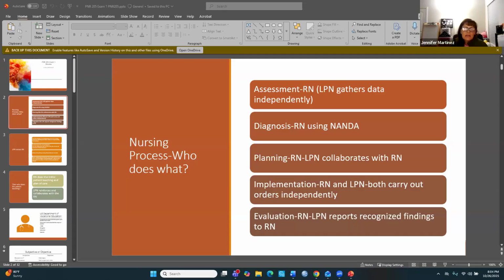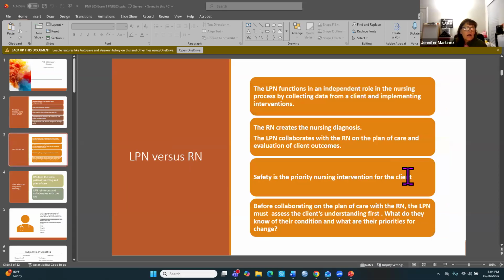And then planning, the RN does the planning process, the LPN will collaborate with the RN to develop the goals. And then implementation, the RN and the LPN both carry out orders independently. And then evaluation is done by the RN. The LPN will report any recognized findings to the RN.